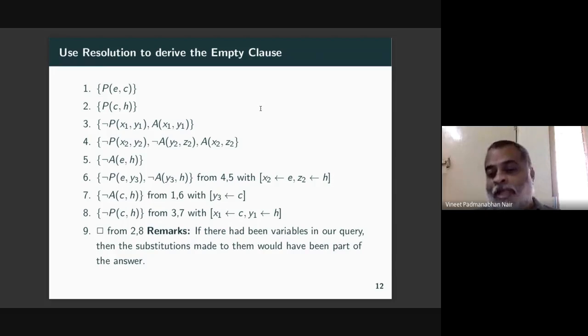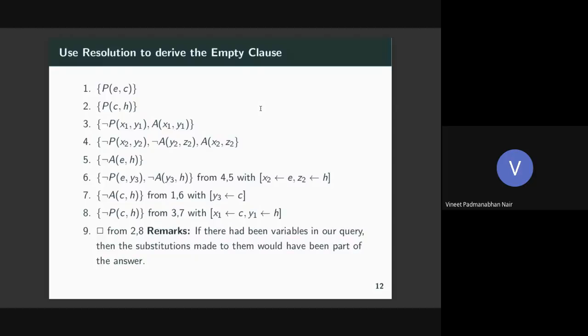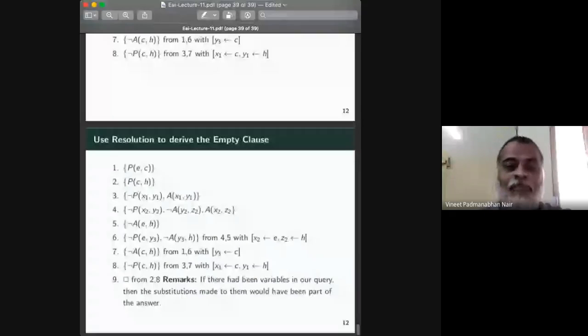Now, I have slides only till here, but I have other slides from the original sir. But before getting into it, to illustrate how these things work out as far as a programming language is concerned, I'll just take you back to the previous slide.